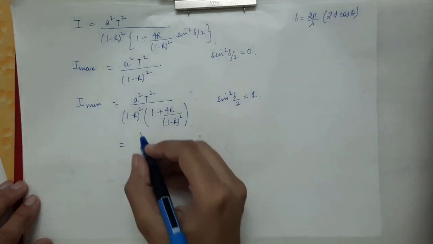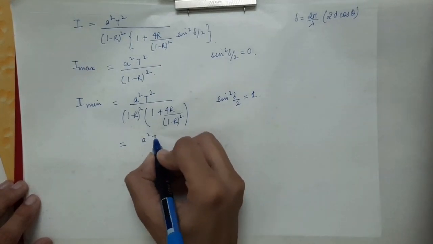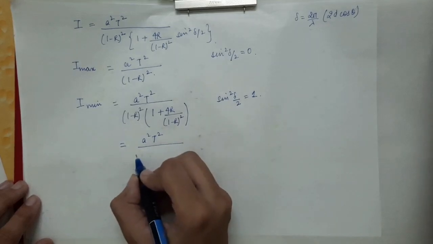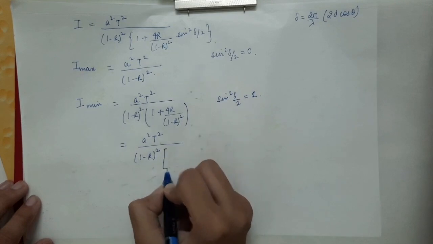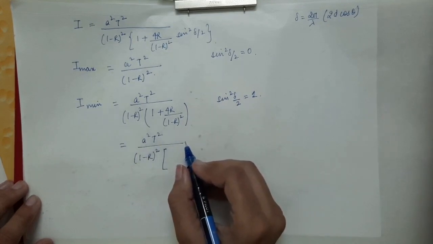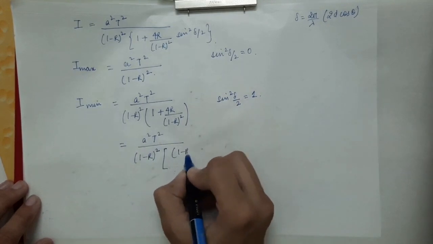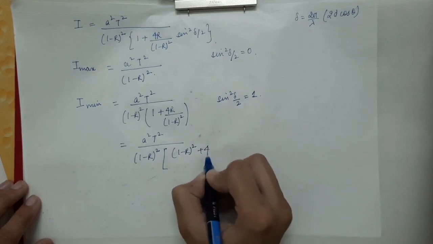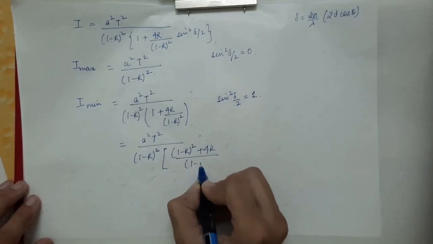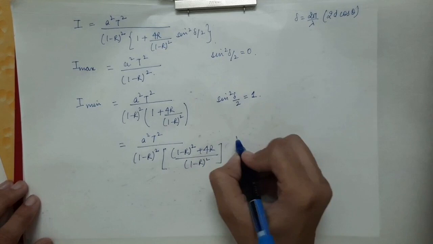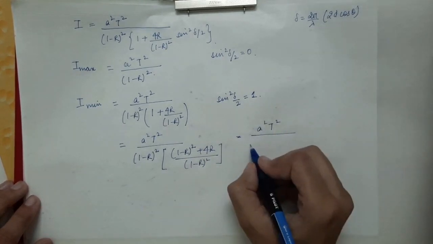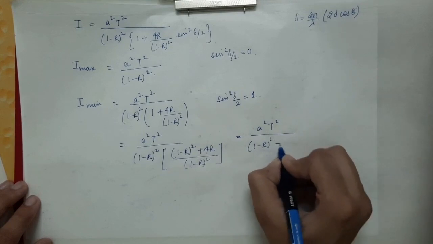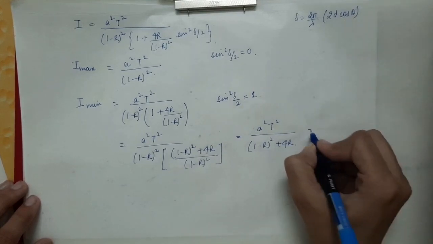So on solving this, we will get a square t square over 1 minus r whole square, and when you simplify the denominator, you will get 1 minus r whole square plus 4r divided by 1 minus r whole square. So this will be equal to a square t square over 1 minus r whole square plus 4r.